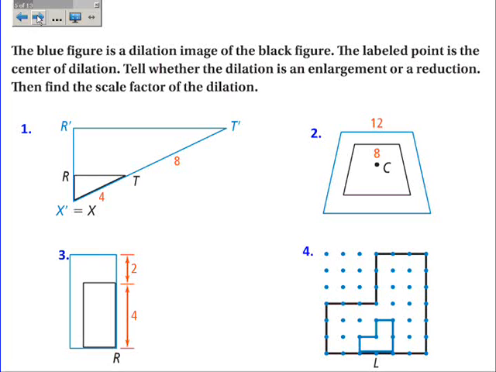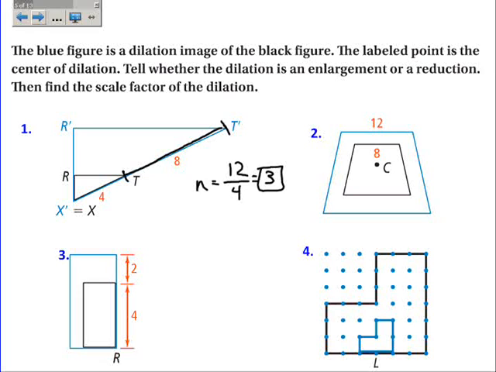So it looks to me like this length is 4, and this length is 8. It's not labeled super clearly, but that's kind of what I'll think of it as. Now the length in the image will be 12, since it's 8 plus 4, and the corresponding length in the pre-image is 4, and so 12 divided by 4 is 3.